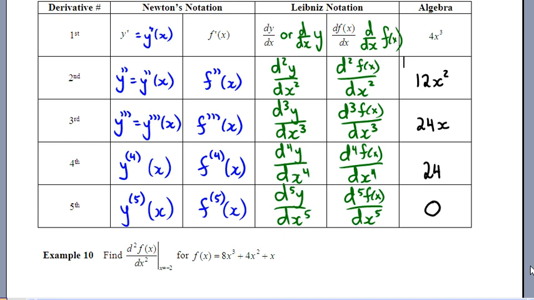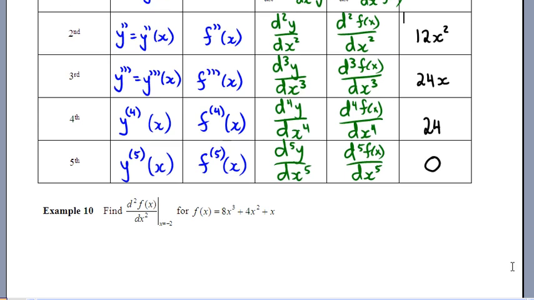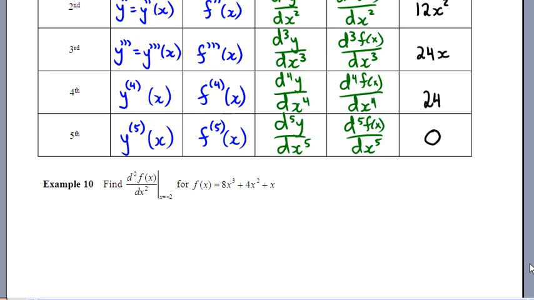Let's try a couple of examples out here. This first one. Wow, pretty complicated notation. Let's see if we can figure this out. What's happening here? This is asking you to find the second derivative. Okay, so we can do that.